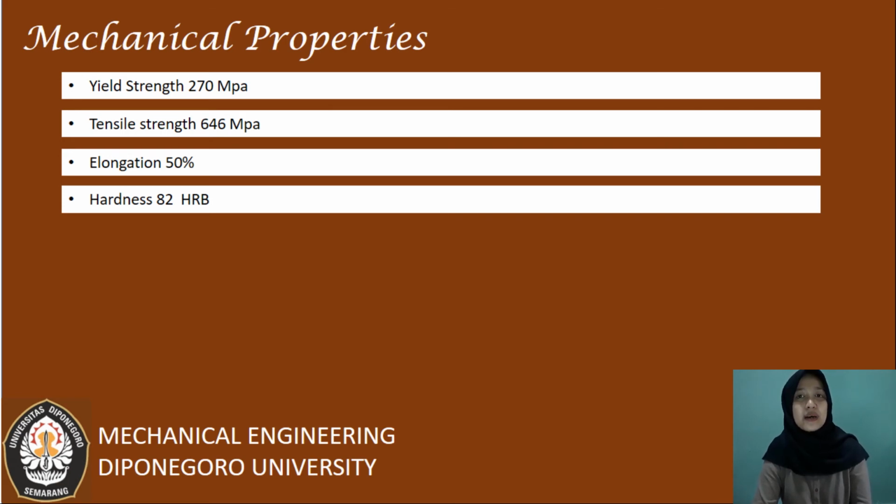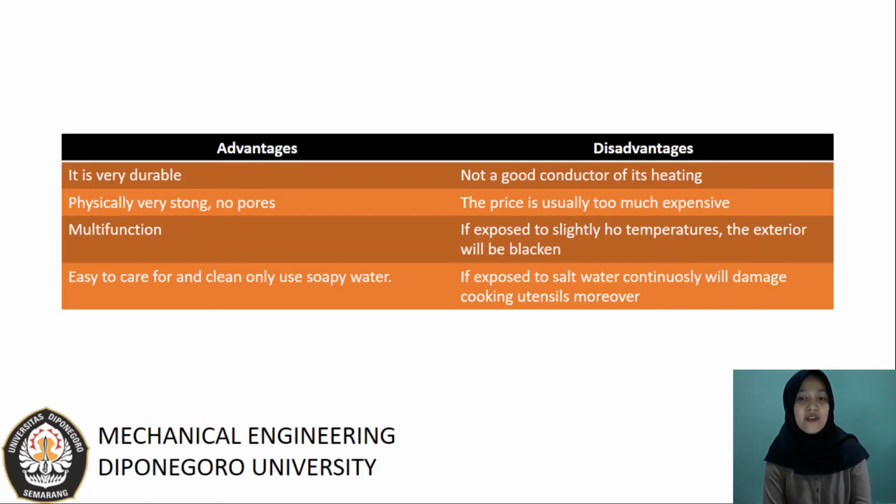Continuing with the advantages and disadvantages of using stainless steel for making cooking utensils, of course for making the biggest frying pan. First, the advantages.